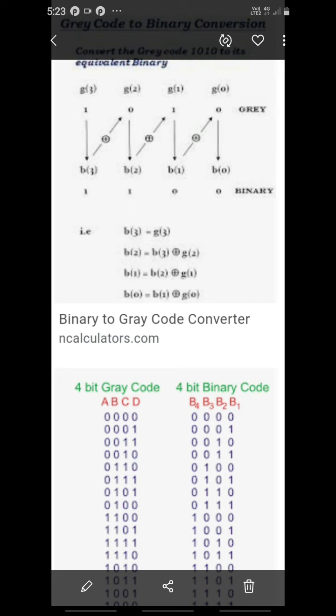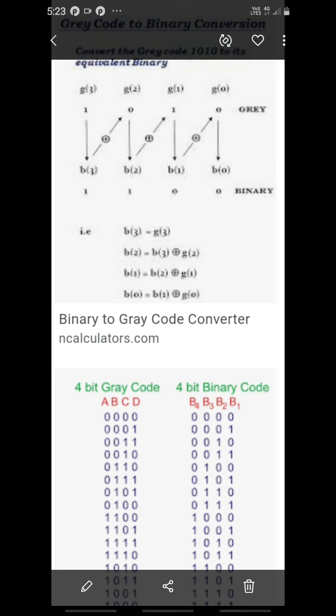Take an example to convert from Gray to binary. So this is 1010. Here 0 is the LSB and 1 is the MSB.